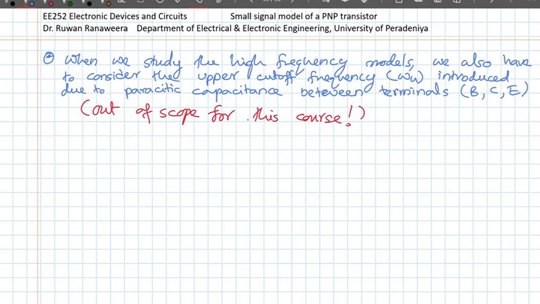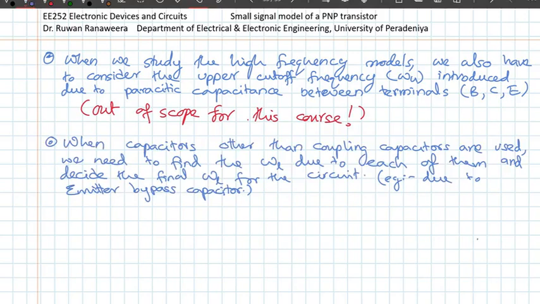The effect of that needs to be taken into consideration when we calculate the bandwidth, because sometimes the coupling capacitors may not have the expected effect. So we need to carefully consider the cutoff frequencies due to each of these coupling capacitors and other capacitors, and the actual lower cutoff frequency of the amplifier depends on the highest of all these values. Okay, so that also let me write down.